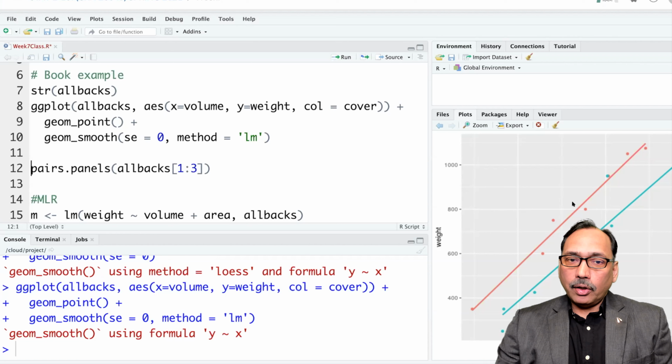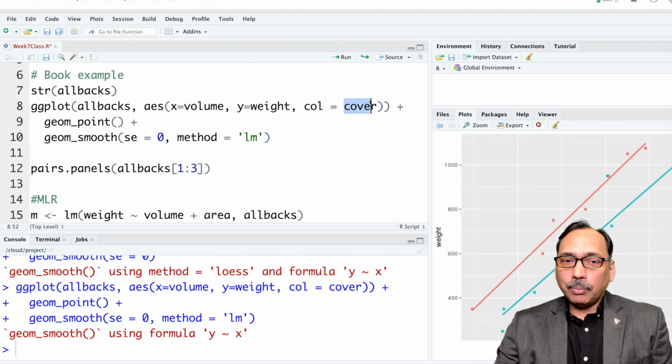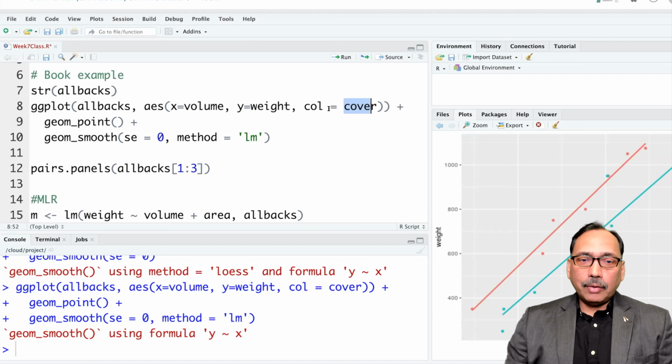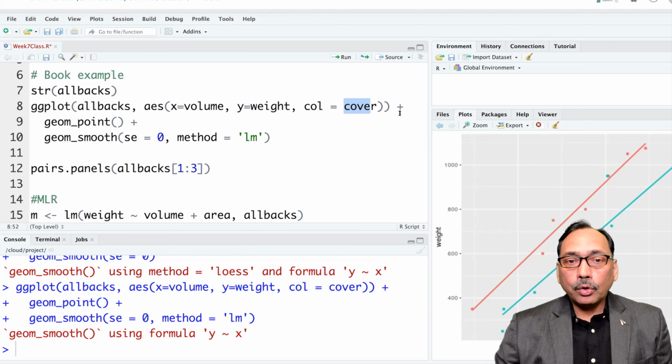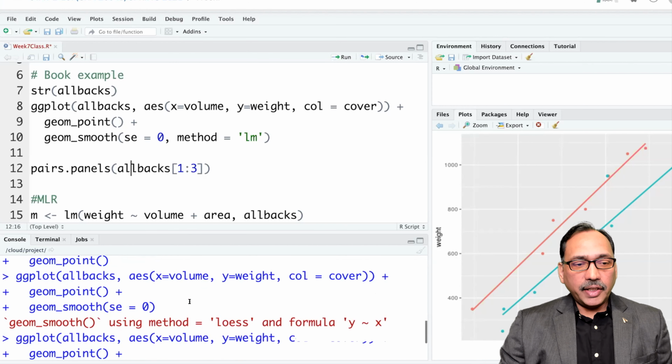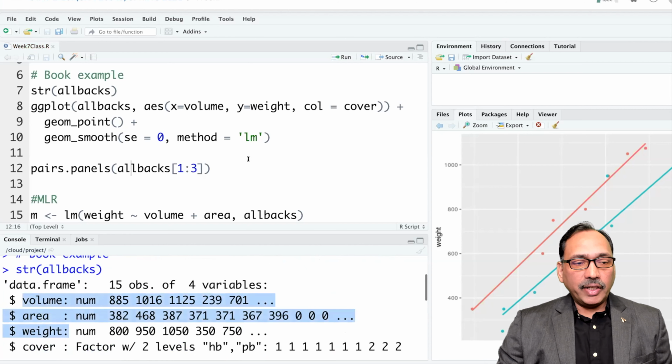Because if we did not separate them as per the type of cover, as you see in the plot, you'll notice that there will be a lot of variability. Although in our model we have not used cover, at some point we are going to use it. The only reason I didn't use it here is because it's a factor variable, and I want to discuss a few more things before I include a factor variable in the multiple regression. And then we looked at this pairs.panels only for the first three numeric variables.